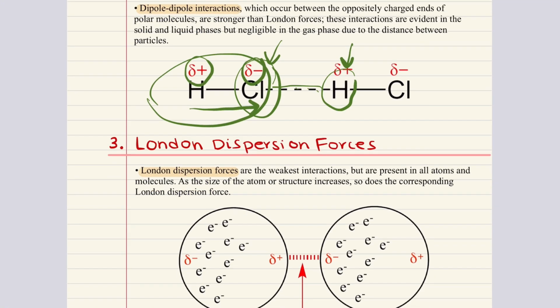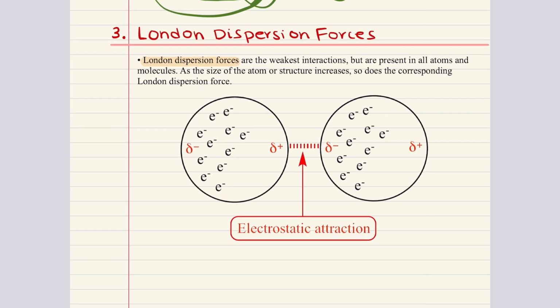Now, the last intermolecular force that we want to talk about is London dispersion forces. These are also known as dispersion forces or London forces. They are the weakest intermolecular forces, and they occur between nonpolar molecules. They arise from temporary fluctuations in electron distribution within molecules.